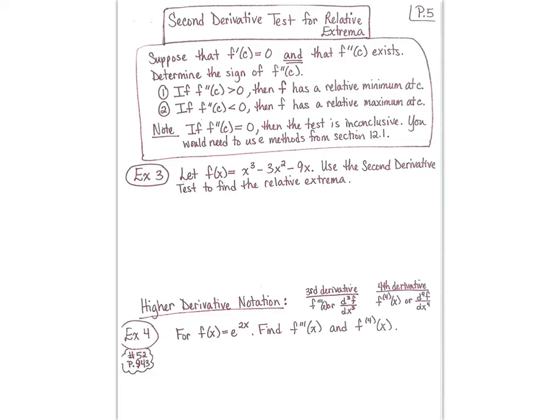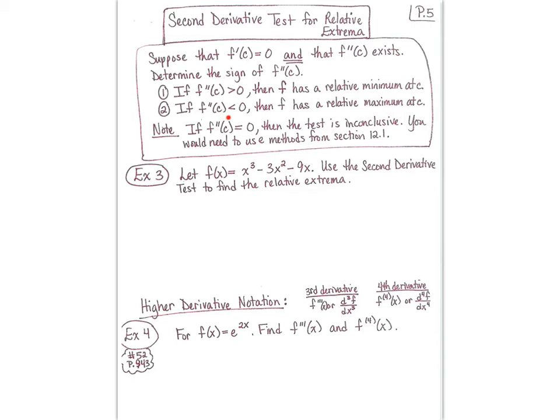Okay, so the second derivative test for relative extrema: suppose that f prime of c is equal to 0. So in other words, suppose c is a critical point, and that f double prime of c exists. Determine the sign of f double prime of c, whether it's positive or negative. If f double prime of c is positive, then f has a relative minimum at c.